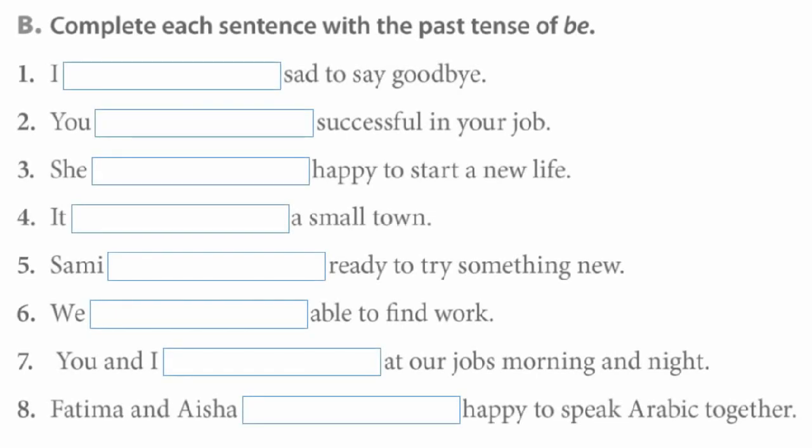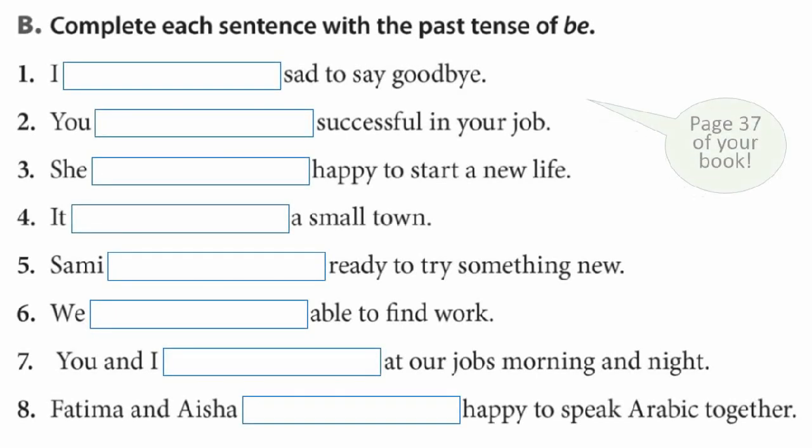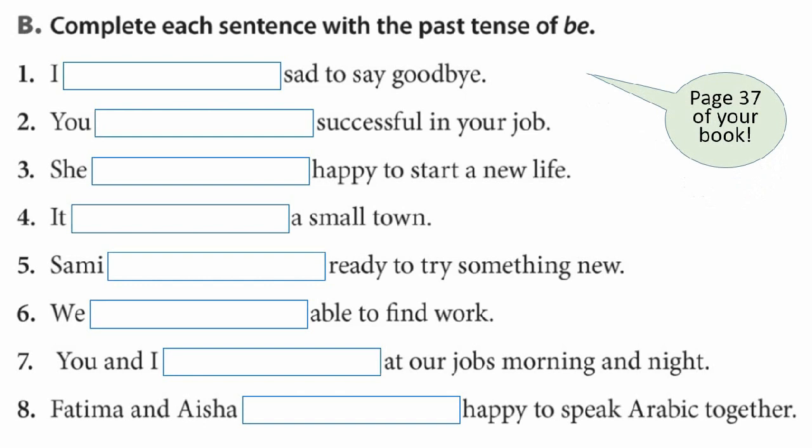Okay, let's practice together. On page 37 of your book, you'll find this exercise. Here, we need to complete each sentence with the past tense of be. To remind you, we use was for the pronouns I, he, she, and it.